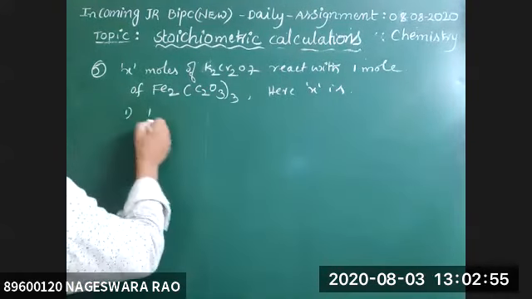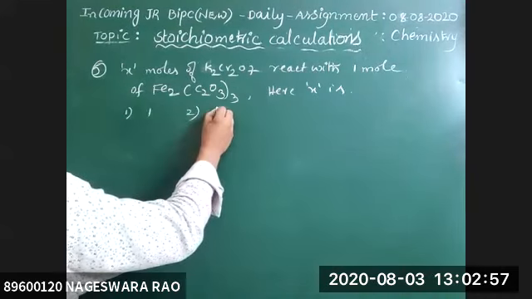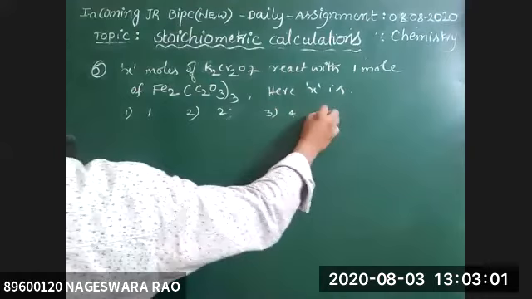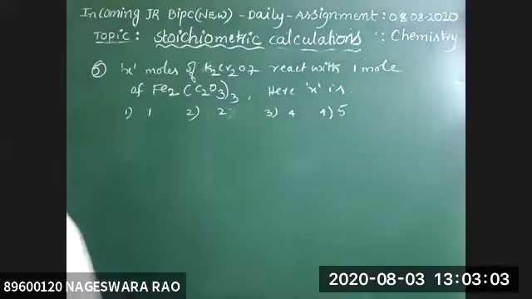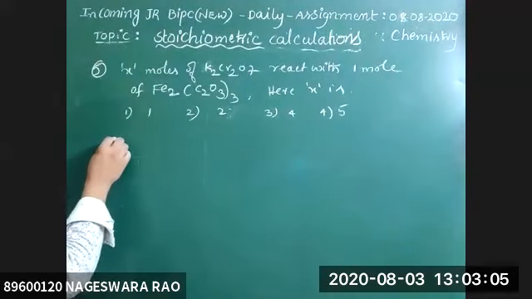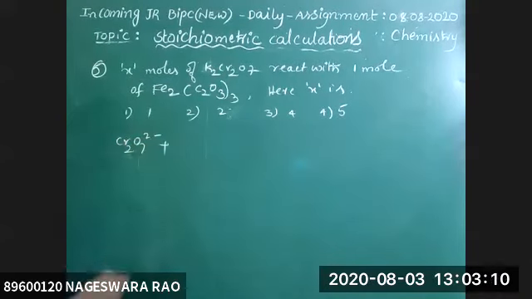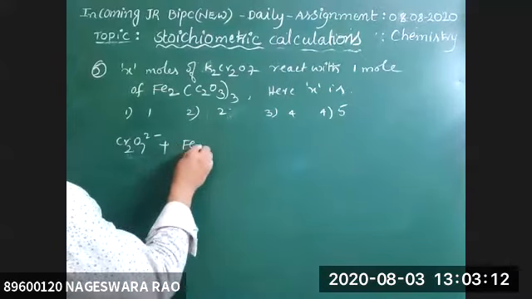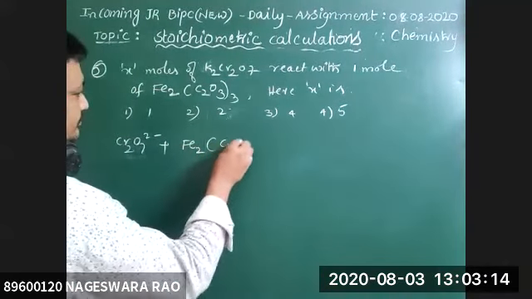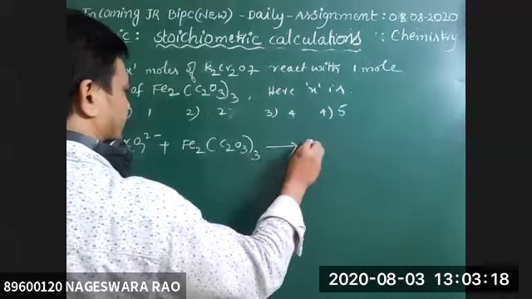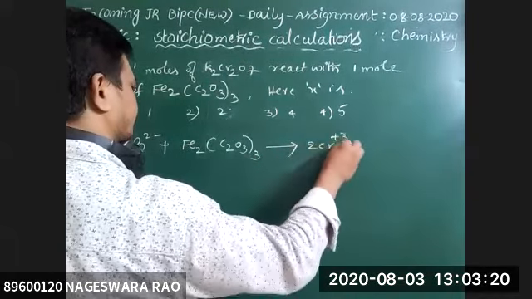Options: 1, 2, 3, 4, 5. So K2Cr2O7 means Cr2O7 minus 2, plus ferric oxalate. Dichromate converts to Cr plus 3.